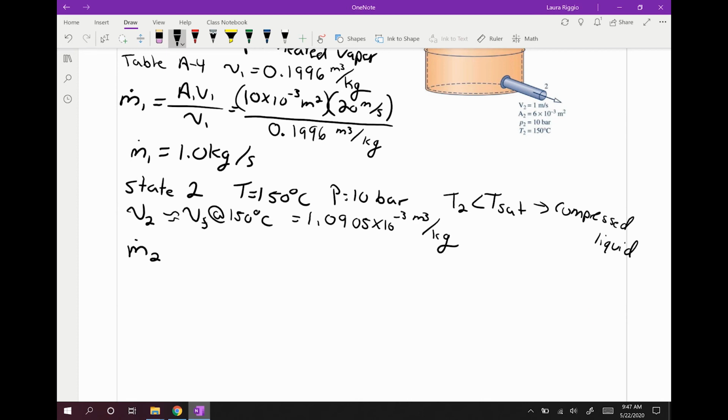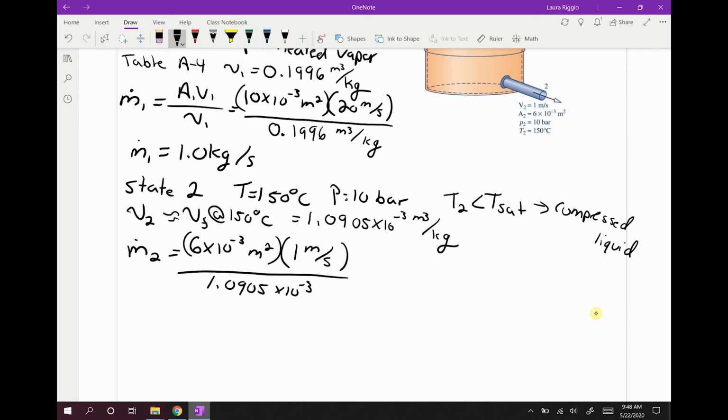So we get our mass flow rate at our exit is equal to 6 times 10 to the minus 3 meters squared times 1 meter per second divided by 1.0905 times 10 to the minus 3 meters cubed per kilogram, which equals 5.5 kilograms per second.